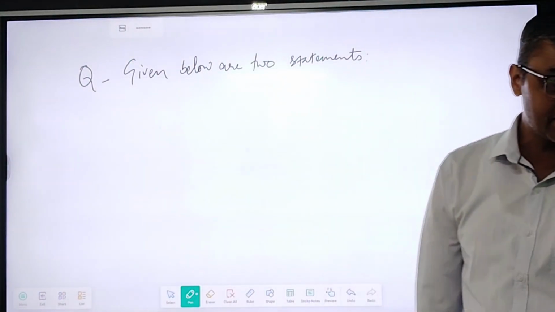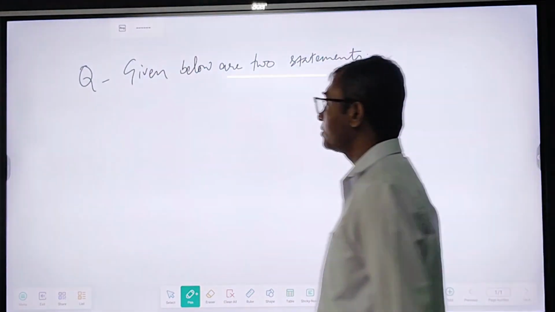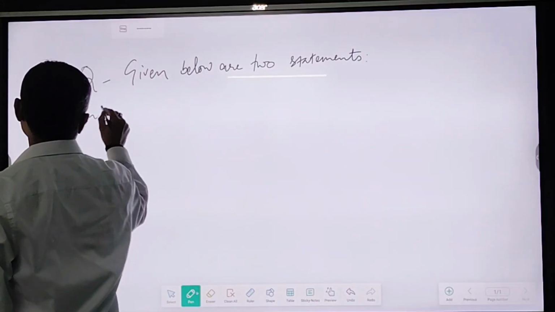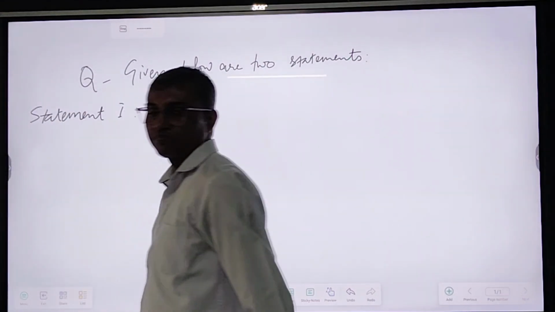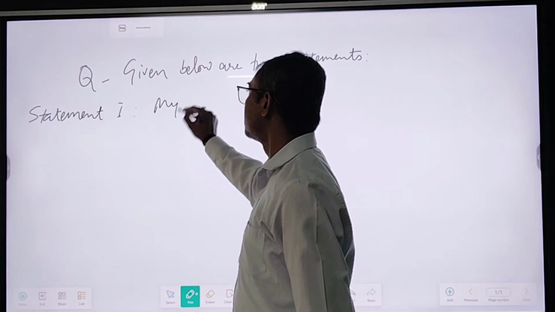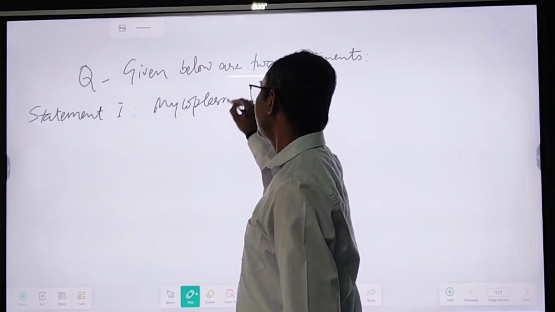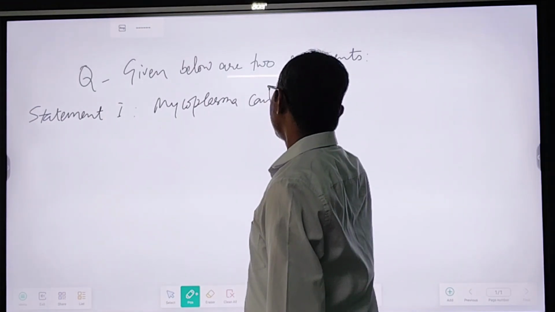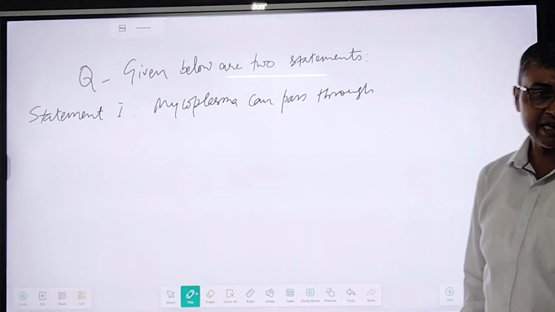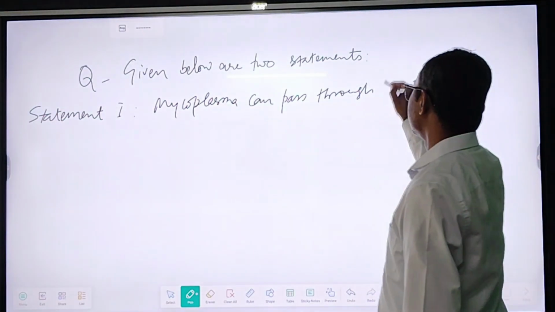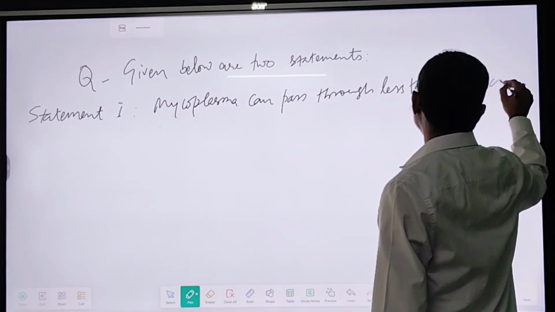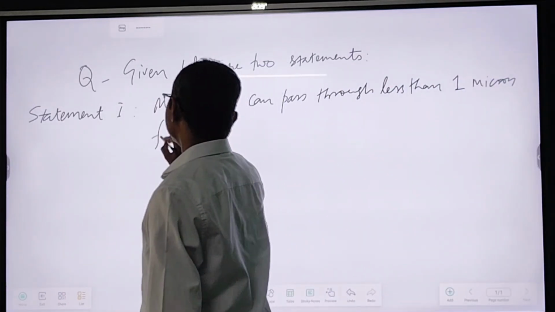Statement number one says mycoplasma can pass through less than 1 micron filter size.